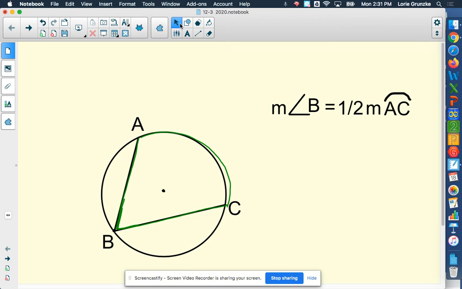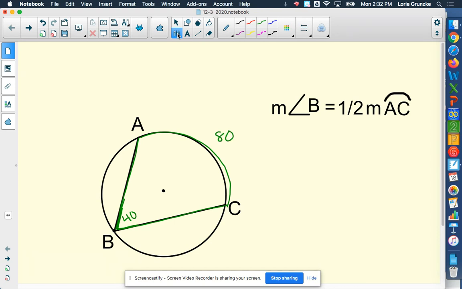AC. So the measure of angle B has a connection with the arc AC, but the angle is half the arc. So on this side, let's say that's 40 degrees. If this is a 40-degree angle, the arc is always going to be double. It's going to be 80.